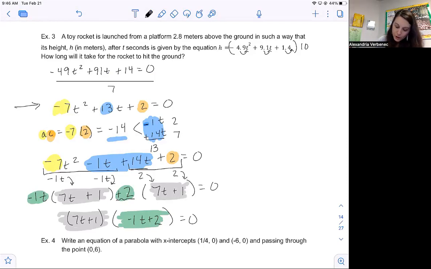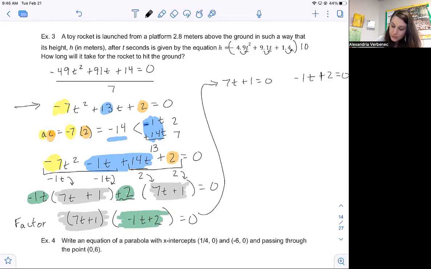That means I need to use the zero product property. I'm going to go up here and say 7t plus 1 equals 0, or negative 1t plus 2 equals 0. And I'm going to keep going to solve for t. Both of these are multi-step questions. Maybe pause it here. Maybe see if you can answer it. Maybe I'll put a question in the EdPuzzle. We'll see.